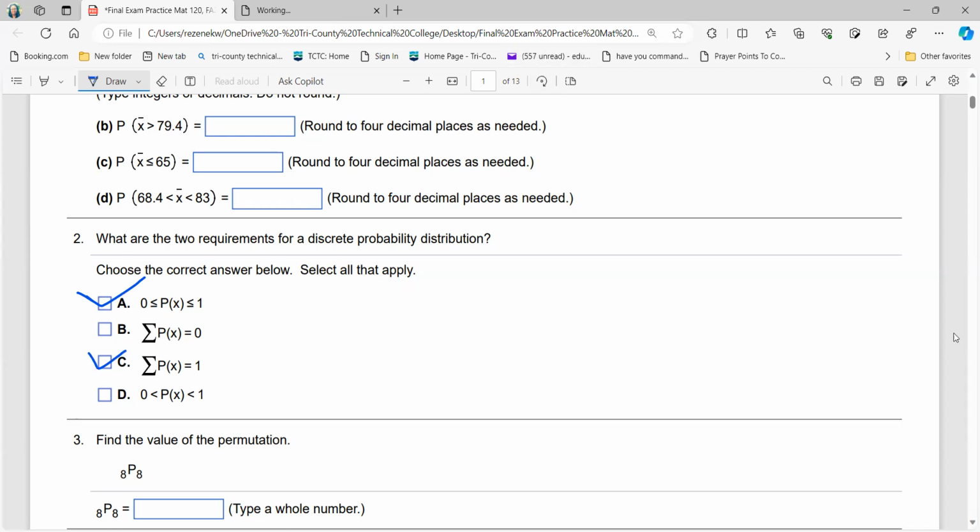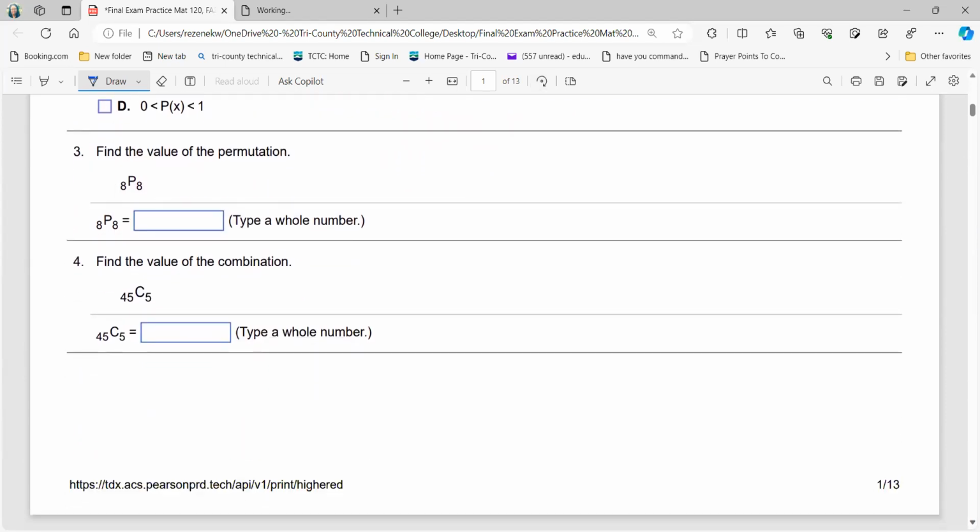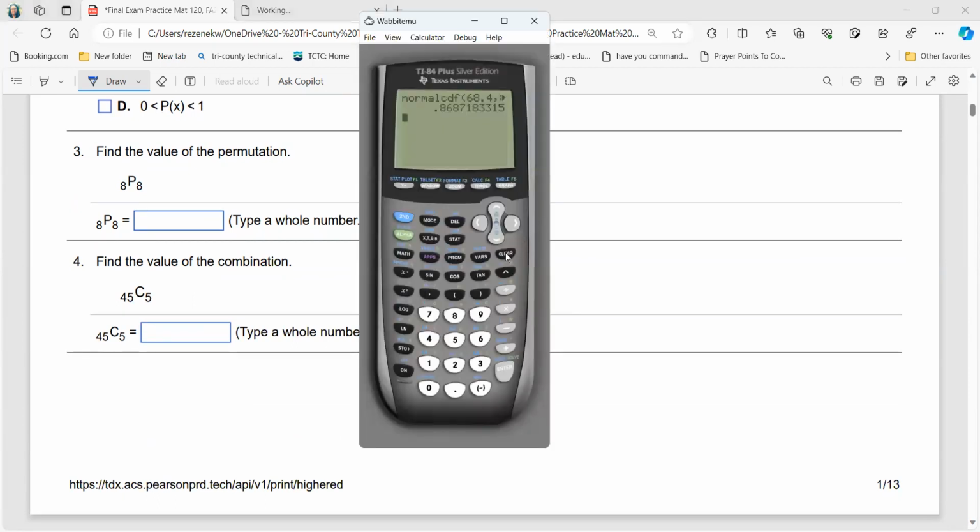Let's get to permutation and combination. I just have to do 1. Remember, you can put them in your calculator, so it's not a big deal. But just in case you have forgotten, let's go to permutation. If I am told to find 8 permutation 8, you don't have to write the formula, but let me write the formula.